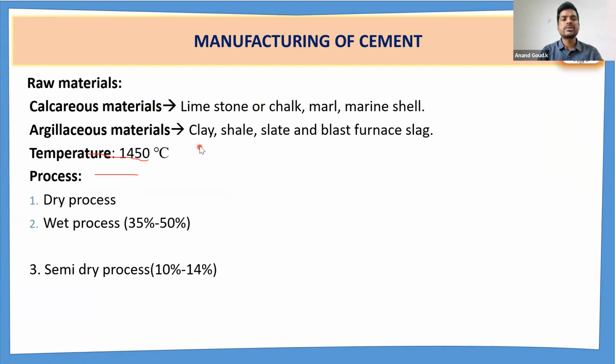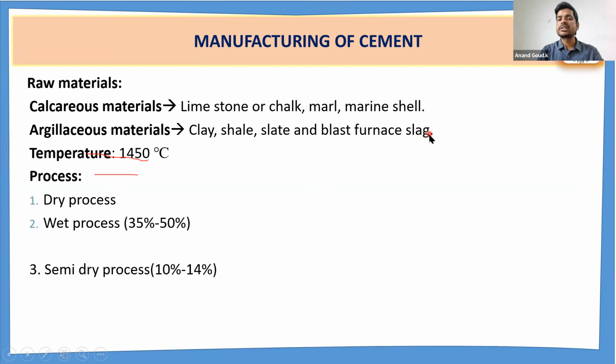Coming to the examples of argillaceous materials, that means materials which have a high amount of silica, or silica as a major composition. The first one is silica clay: normal clay, black soil or red soil. Next, shale stone, and next slate, the slate mineral. And next, blast furnace slag.